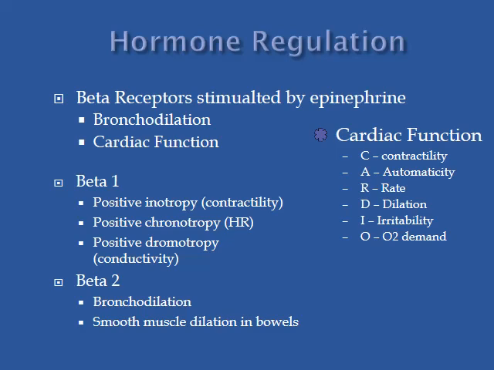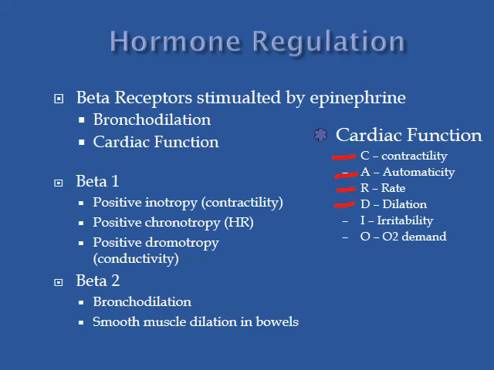The memory jogger CARDIO will help you remember the beta receptor properties. C, contractility, A, automaticity, R, rate, D, dilation. When I go faster, squeeze harder, and things are moving along, I work harder and I get irritable, and I require more oxygen when I'm working harder.